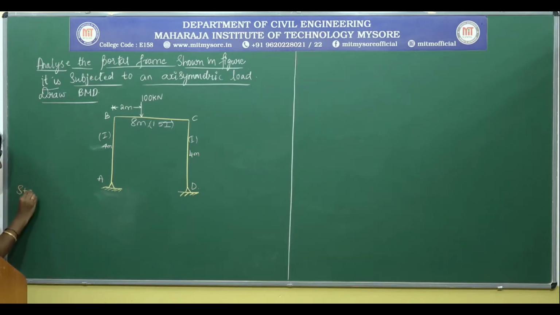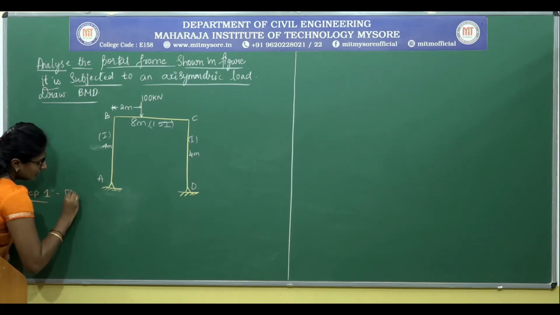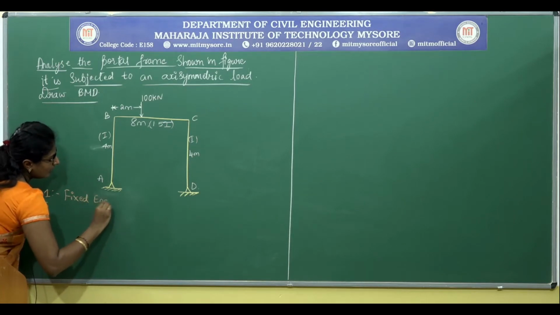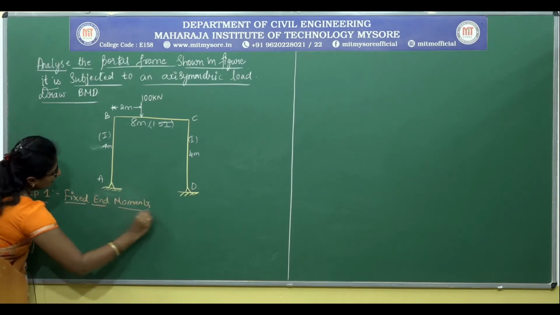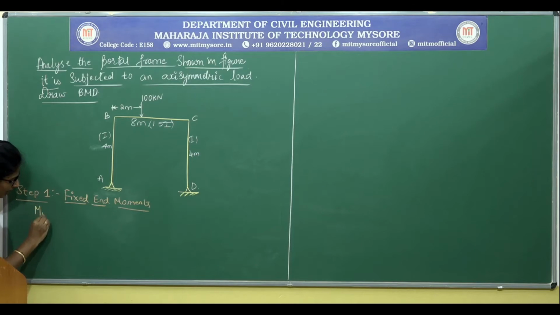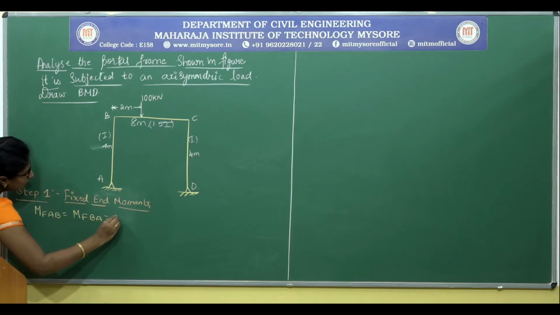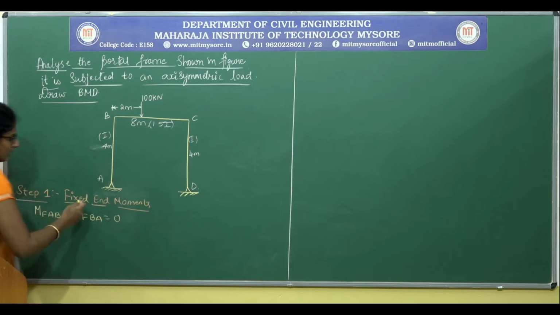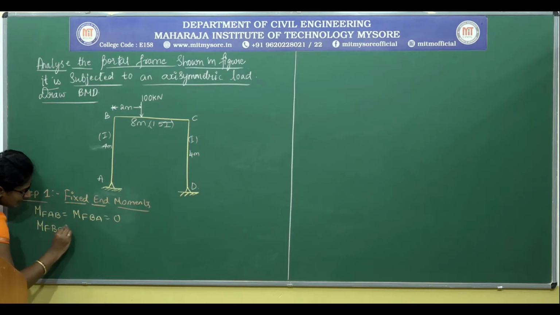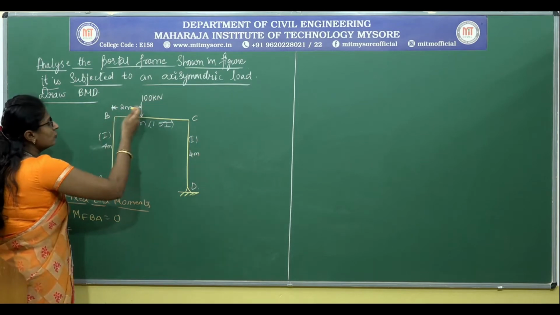Let us start with step 1. Step 1, to calculate the fixed end moments as usual. MFAB is equal to MFBA is equal to 0, since there are no loads acting on AB and BA. Then MFBC is subjected to a point load of 100 kilonewton at a distance of 2 meters.